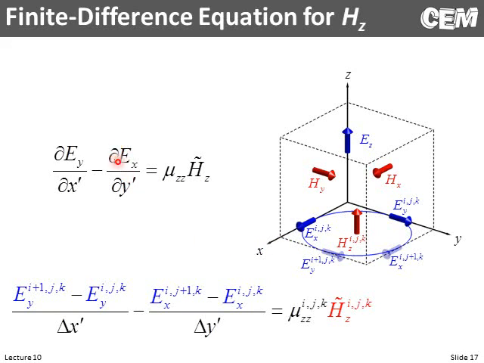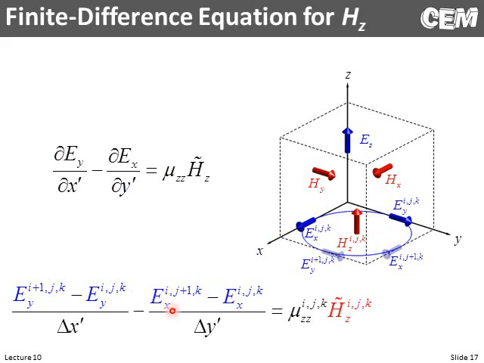Next derivative, the derivative of E sub x in the y direction. So y direction is now this. We grab the two E sub x components surrounding h sub z, and we have E sub x in the next cell, j plus 1, minus E sub x in the same cell, divided by the spacing delta y.